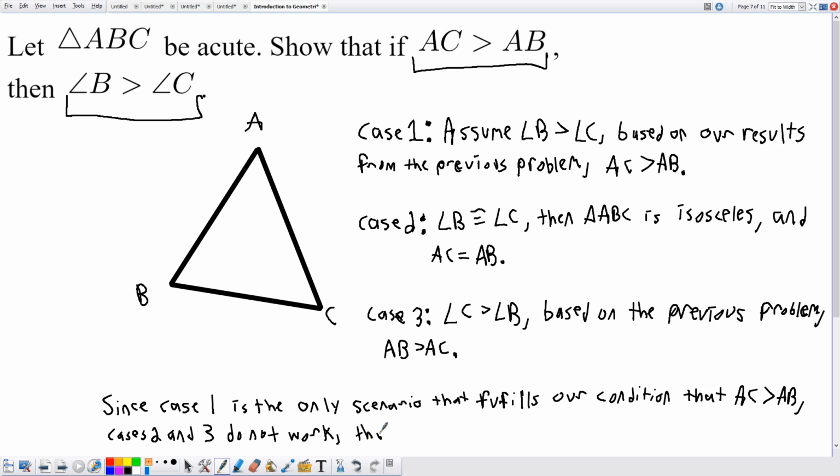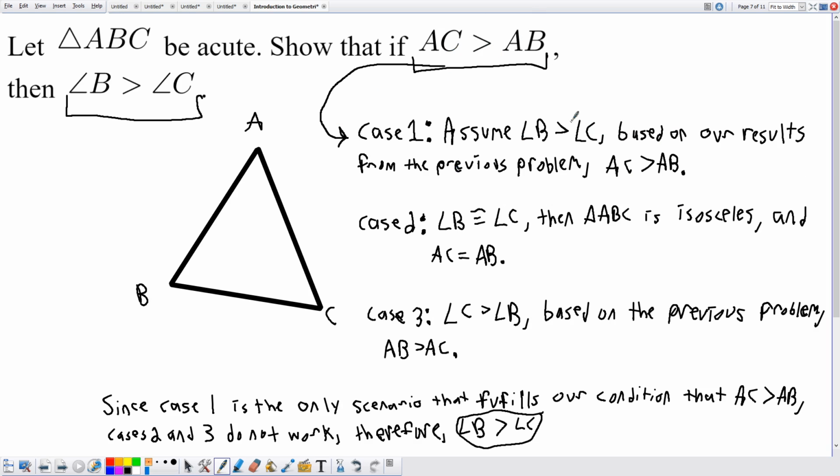Therefore, angle B has to be strictly greater than angle C, since case 1 is the only possible scenario that works if we assume that AC is greater than AB.